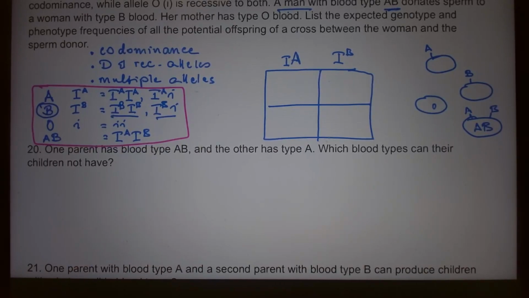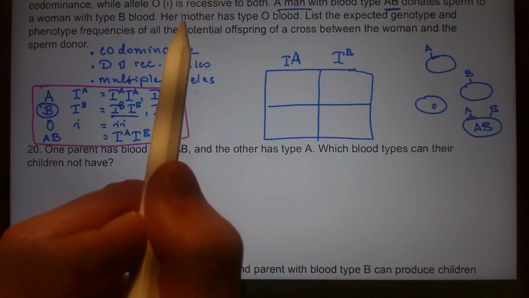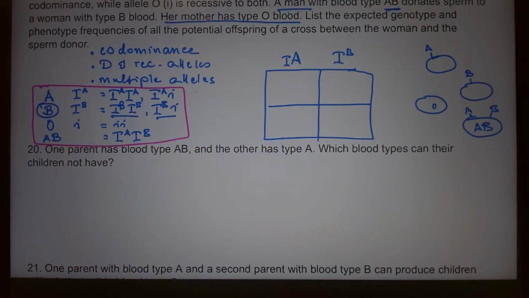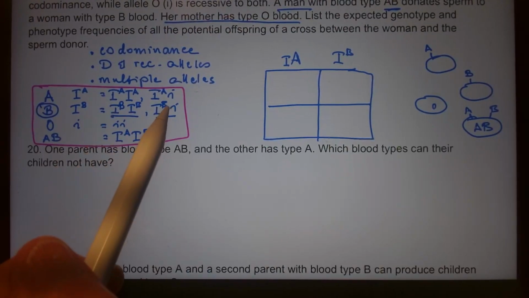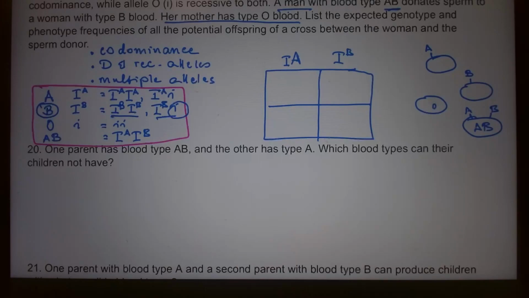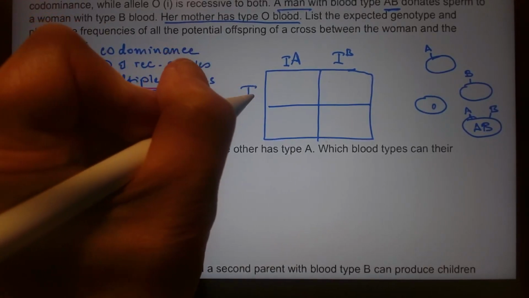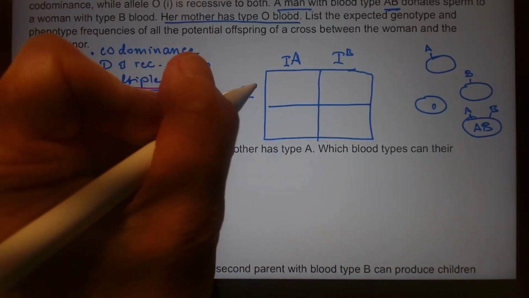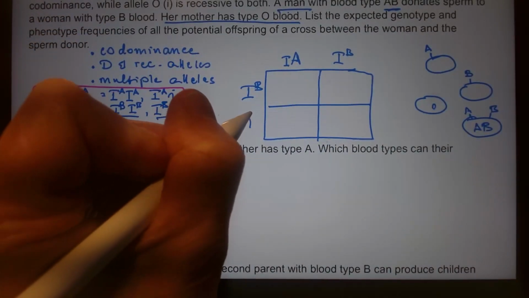We don't know which one it is. But here's another piece of information for us, and that says her mother has type O blood. So in this case, the mother contributed the i for the woman, so the woman must be a heterozygous organism for blood type.